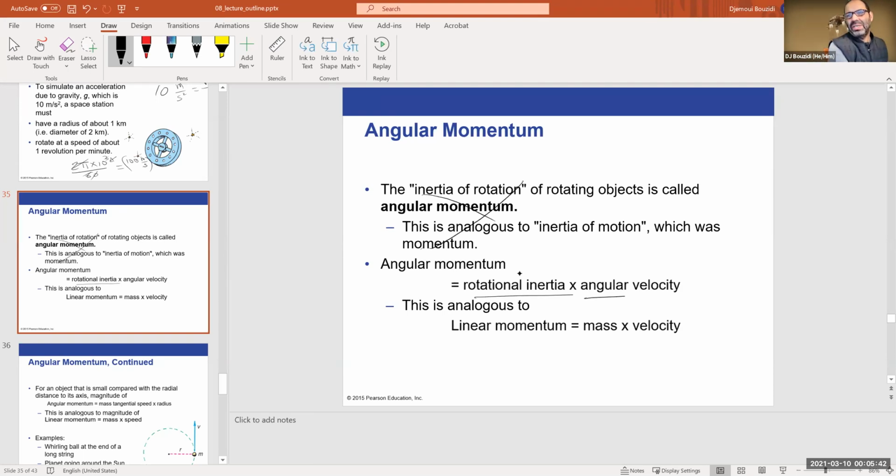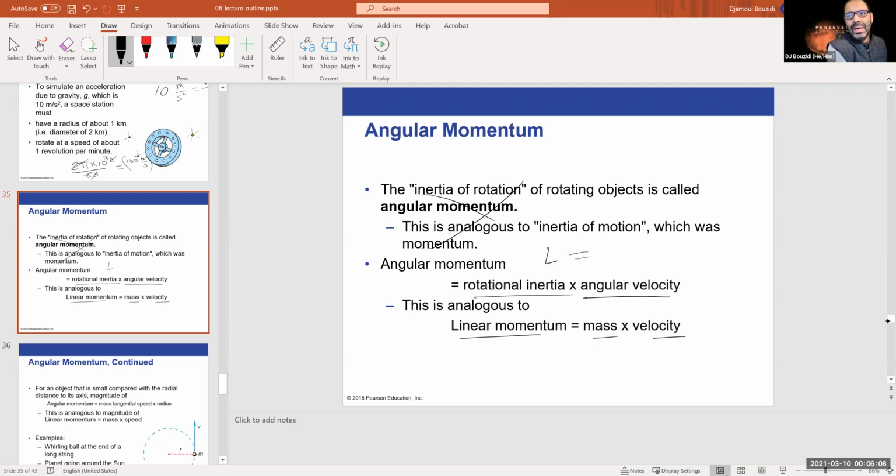It's the rotational inertia times the angular velocity. This is similar to the linear momentum, which is mass times velocity, but now I have rotational inertia or moment of inertia, the one I described in the first poll, okay? That is what we're talking about. And instead of velocity, we have angular velocity. So that's basically what this expression is.